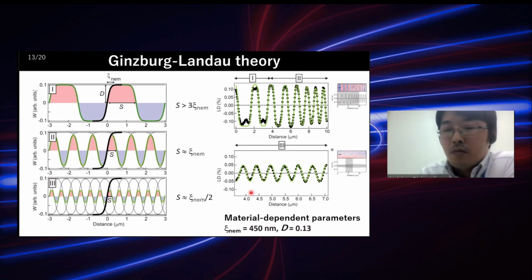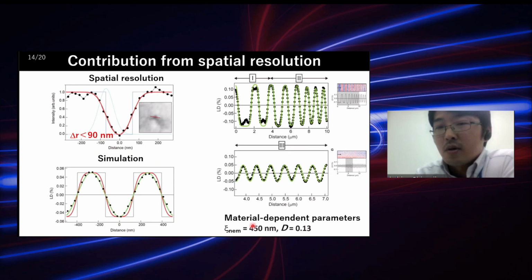Before discussing these results, we should mention the contribution from the spatial resolution of this measurement. This data shows the spatial resolution, and for estimating it, we measure an impurity on the samples.